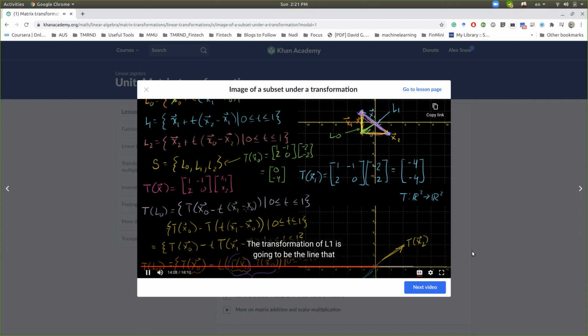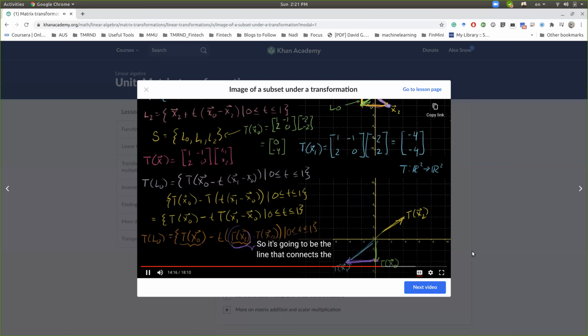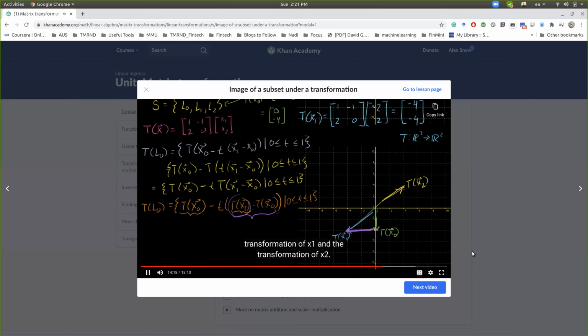The transformation of L1 is going to be the line that connects the transformation of the two endpoints. So it's going to be the line that connects the transformation of x1 and the transformation of x2. So this right here is the transformation of L1. This right here is the transformation of L naught.